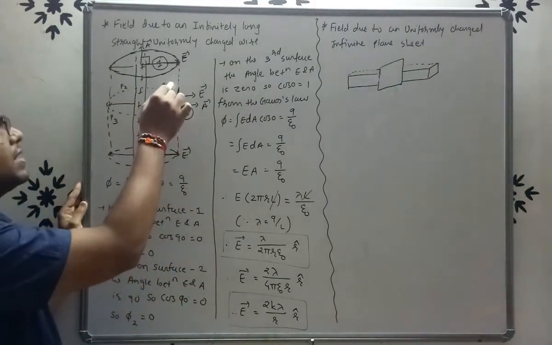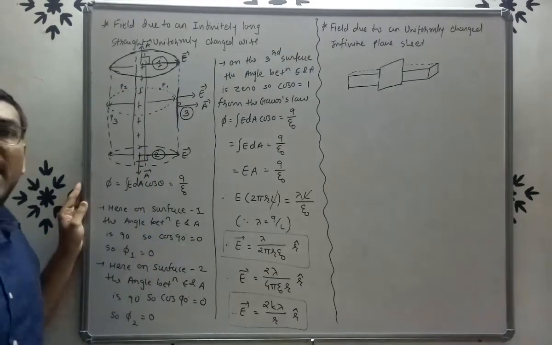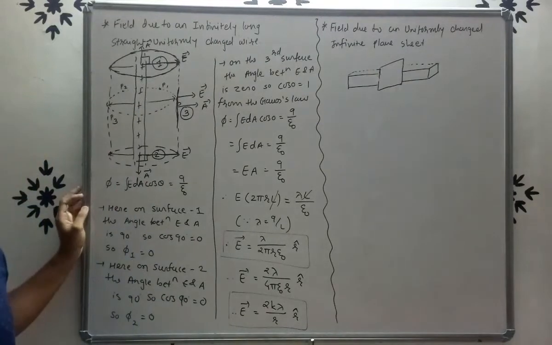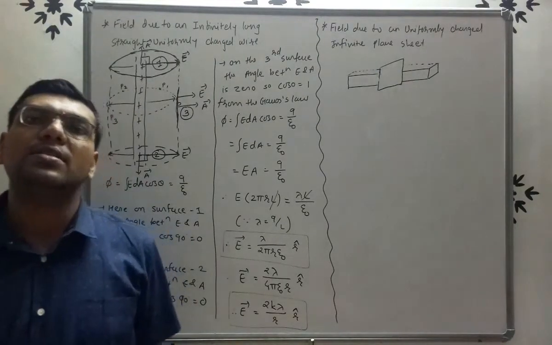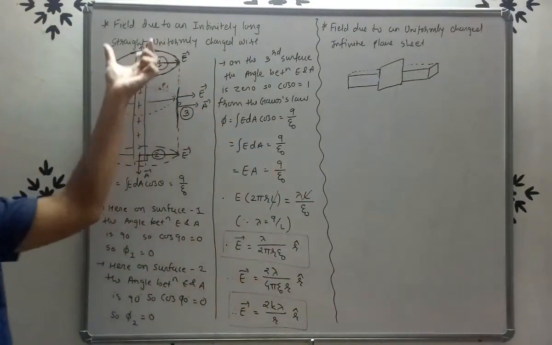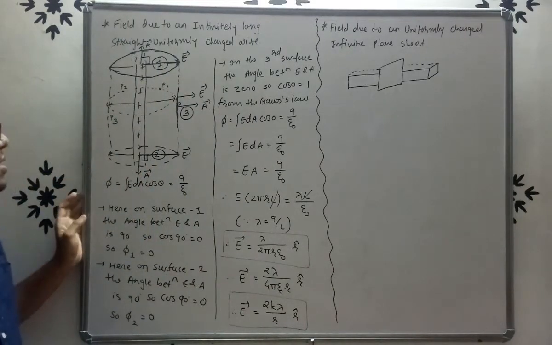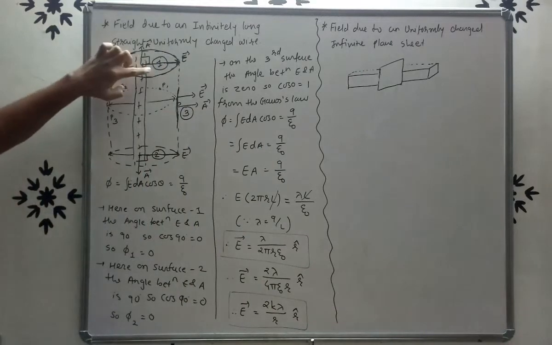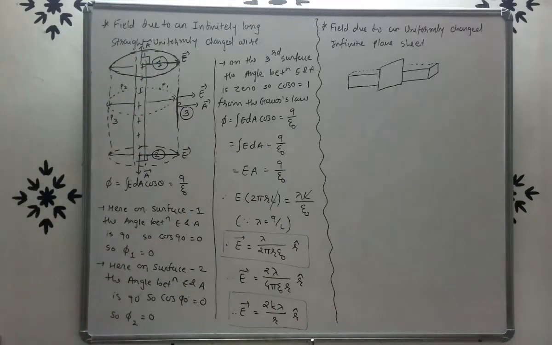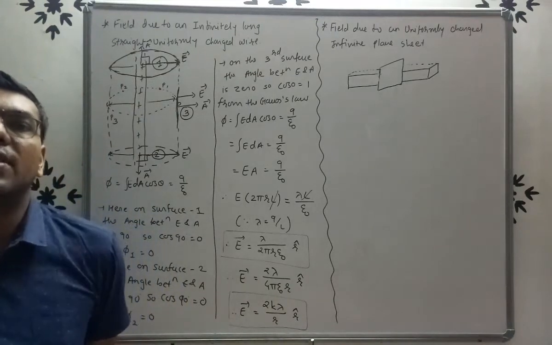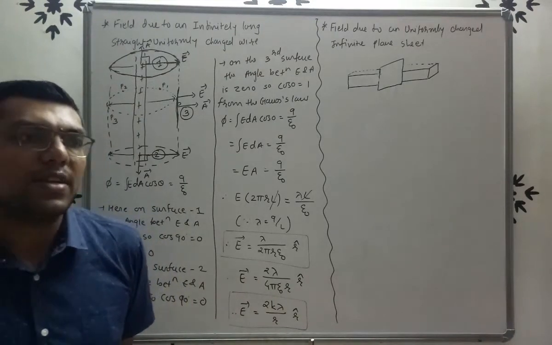So we get different points P1, P2, P3, etc. But this is an infinitely long wire, so the electric field will remain the same. So here we consider a cylindrical Gaussian surface. There are three surfaces, surface 1, surface 2 and surface 3. So we have to consider a total of 3 fluxes because there are 3 surfaces.